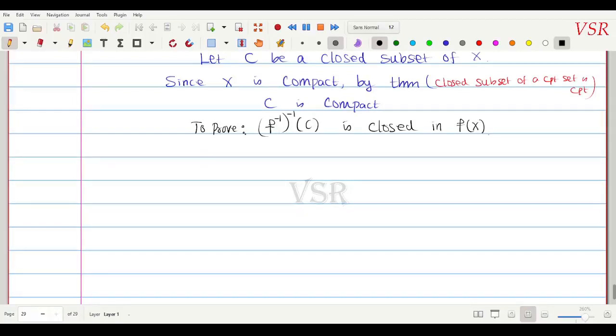Now we know that f inverse inverse of C, which is equal to f of C. These both sets are equal because f is one-one.